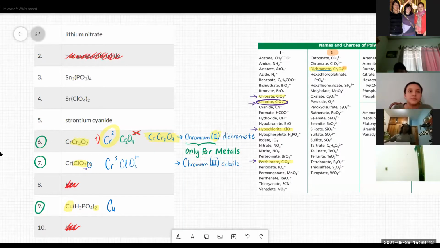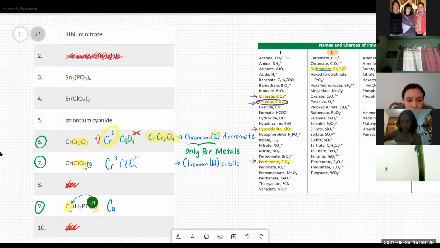Okay, the number 9. We have the copper and we have the 2 right here. That 2 as a subscript indicates the charge of copper, okay? Remember, because this 2 is coming from the metal, it's coming from the cation, okay? So this indicates that actually copper is using 2. Now, what is the name of this polyatomic ion?